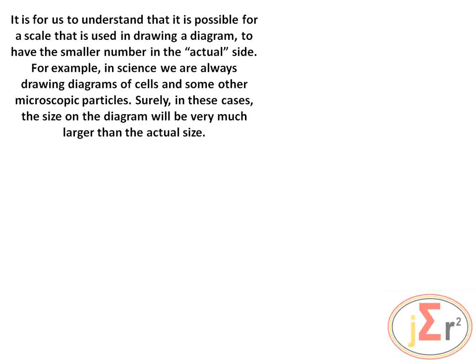So it is for us to understand that it is possible for the scale that is used in drawing a diagram to have a smaller number in the actual size.